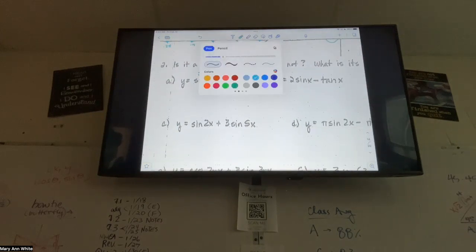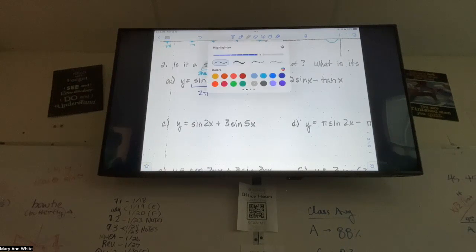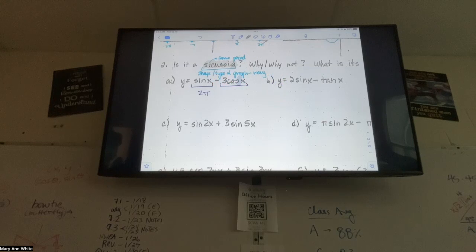Okay, letter A, I've got sine of x. What's my normal period for sine? 2 pi, good. And then I've got negative 3 cosine x. What would my period for that be? Is that your normal period or do we have to change it? Remember what changes it is my b, the number in front of x. Is there a number right here in front of x? Nope. So what would my period there be?